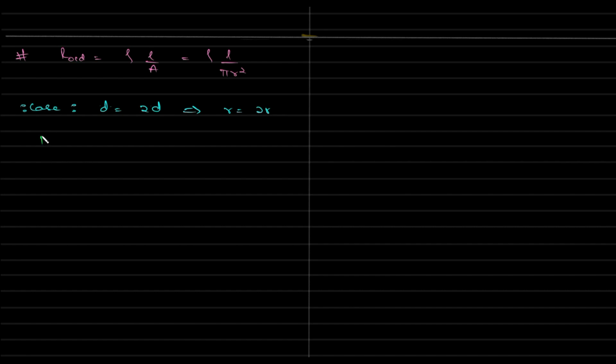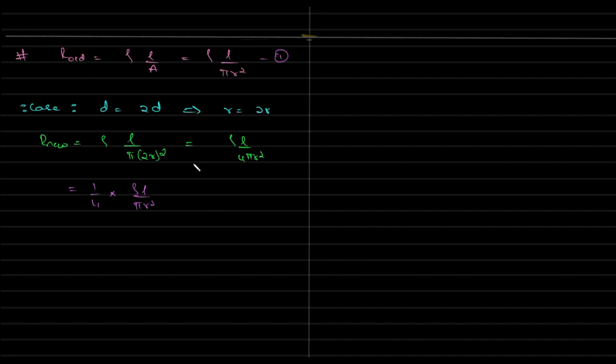So R new is equal to rho L by pi into 2R the whole square. So this will be rho L by 4 pi R square. So try to rearrange this as 1/4 of rho L by pi R square.